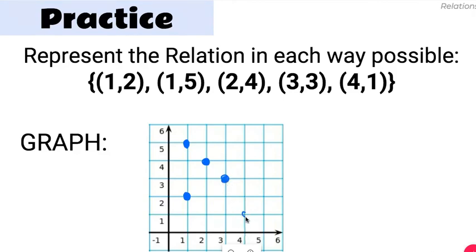And 4, 1. Definitely double check that you have the same amount of points as you have ordered pairs. 1, 2, 3, 4, 5.